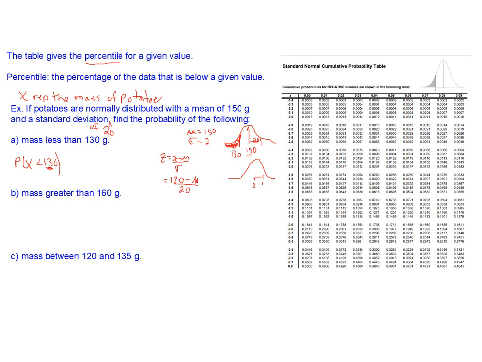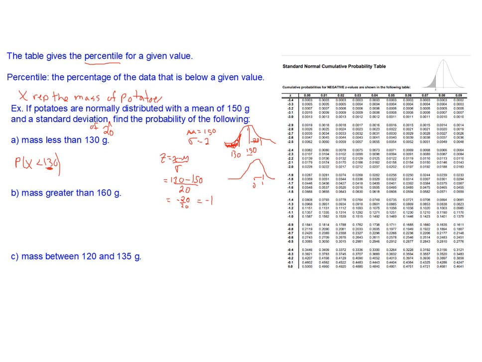We know what the mean is, so we can just write that in. We know that the mean is 150, so we can plug in 150 here. And if we do the arithmetic, 130 minus 150 is negative 20, divided by 20 equals negative 1. So we found that this z-score here is negative 1.